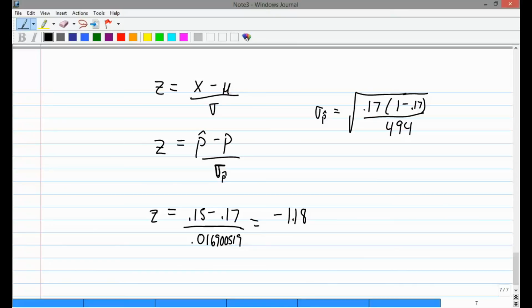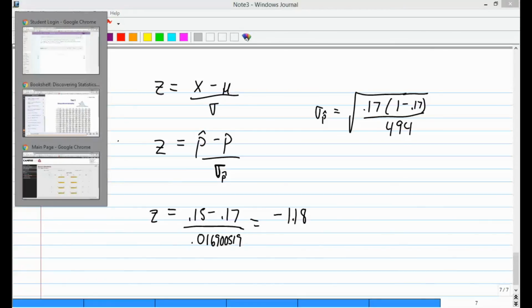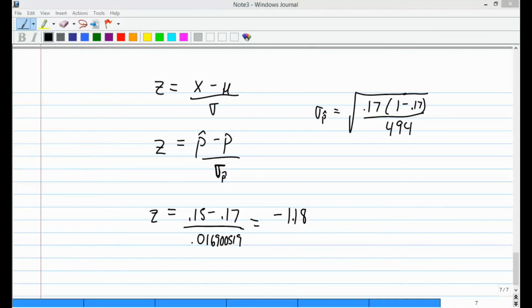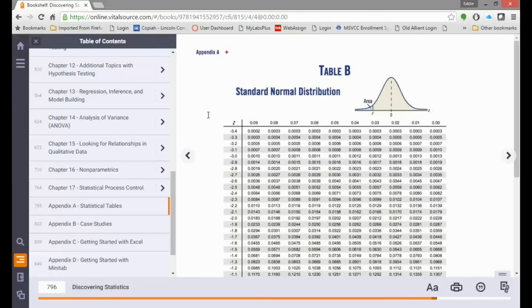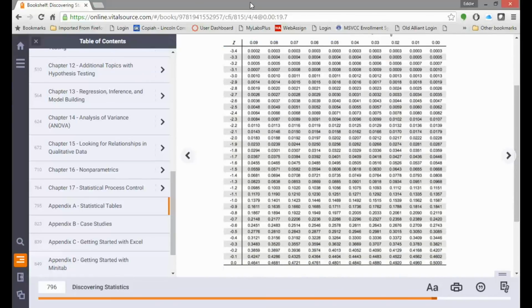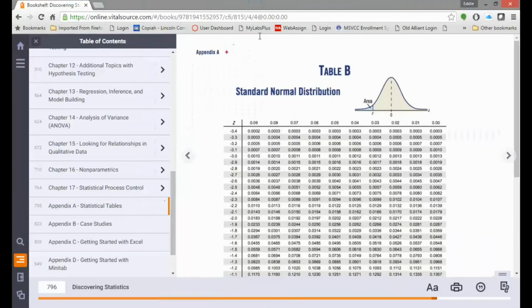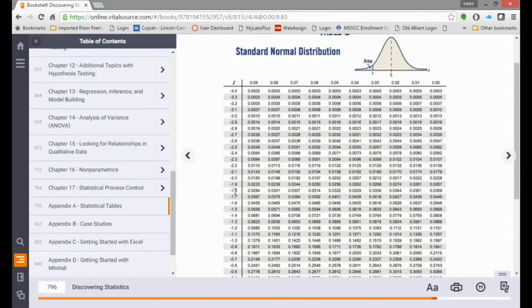Our problem wanted to know the probability of less than 15%. Less than is the area to the left, so we're just going to take the answer from the chart. This comes from table B. To the left means we take the answer for negative 1.18, right here, 0.1190.